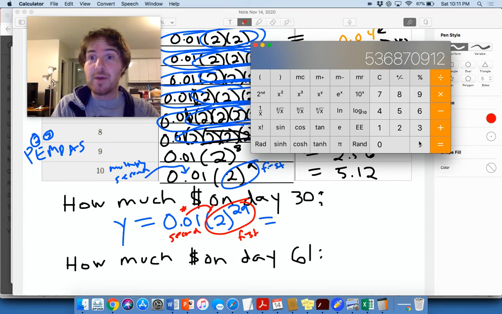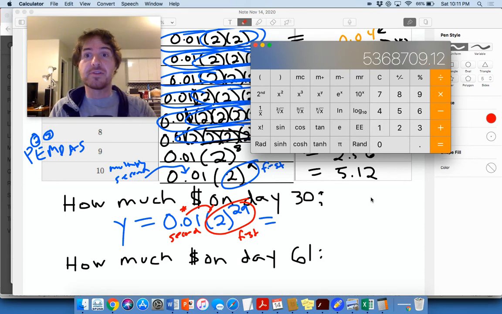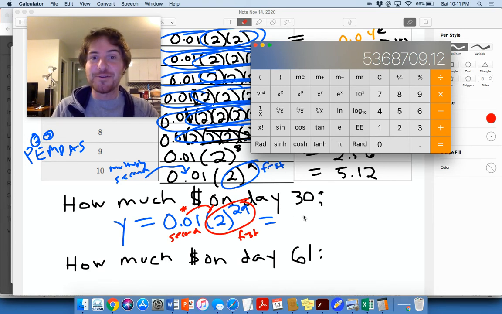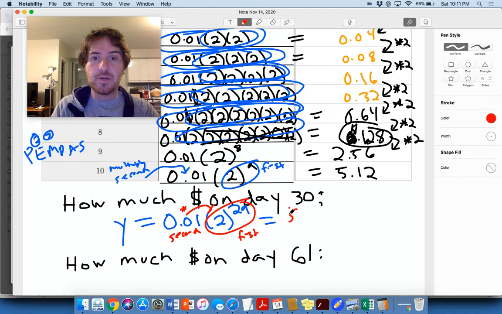And then I'm going to times by 0.01. I remember saying it would be like $5 million. And yes, look, there we go, about $5 million right here. So my answer to this one is 5,368,709.12.